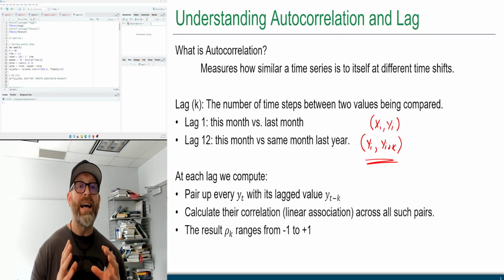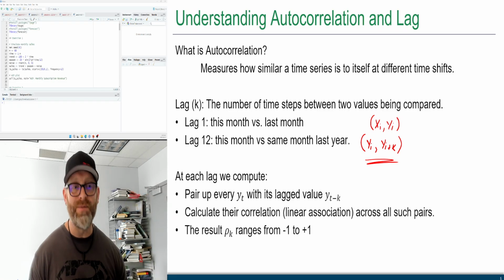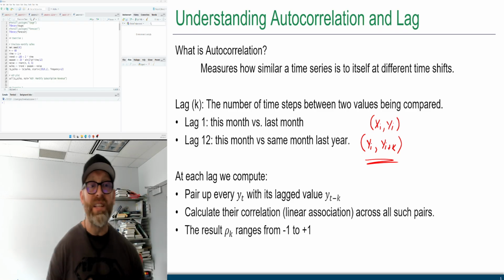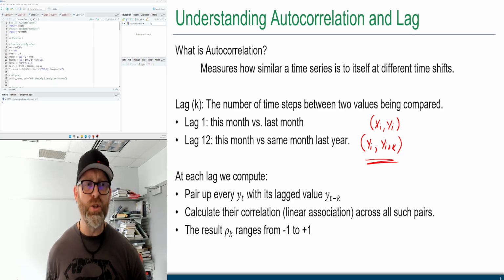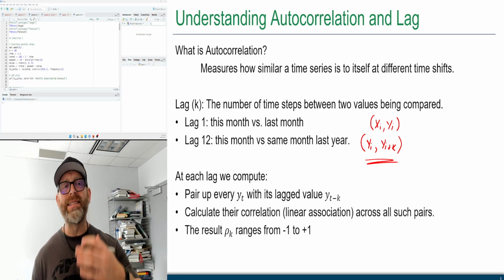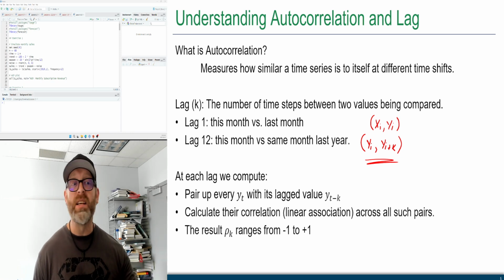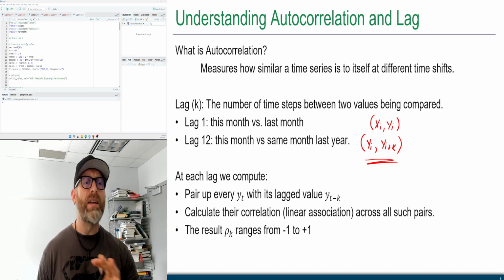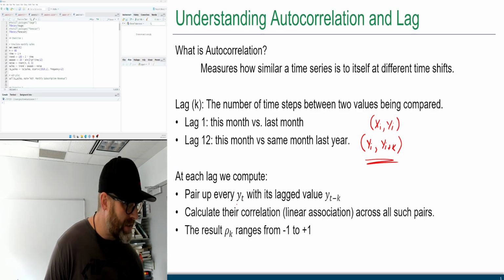What this tells us is the relationship between a point and itself a year into the future. If I want to predict what's happening a year into the future, a strong relationship is really going to help us. A lag of 1 means we're looking at this month and last month. A lag of 12 means this month and a year from now. At each lag, we pair up each y sub t.